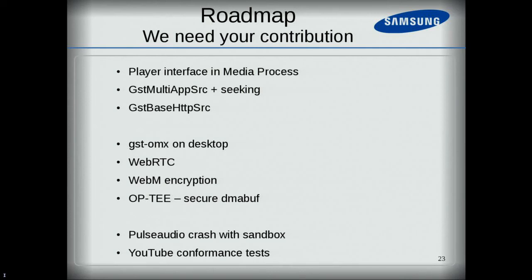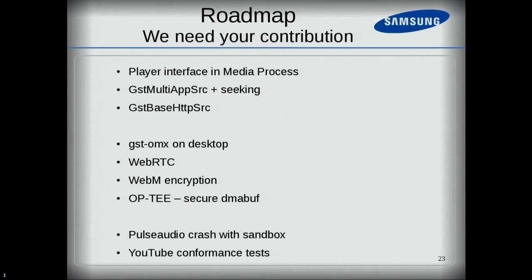First one is in the media process. We want to have some more abstraction layer in order to even support other backends, other APIs. So not only GStreamer, make it really without the GStreamer name, really have a part only about the media process.